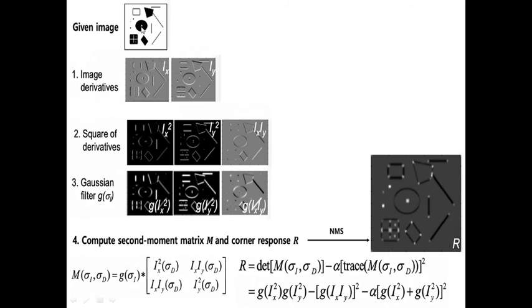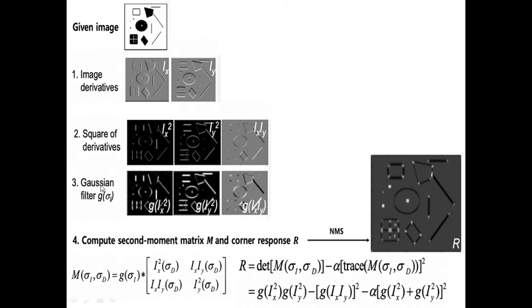The same thing, in summary, we can visualize in this manner. I have given an input image. The image derivatives: this is the derivative along the x direction, and this is the derivative along the y direction, right? So it is the first partial derivative, and then the second partial derivative with respect to x and with respect to y.